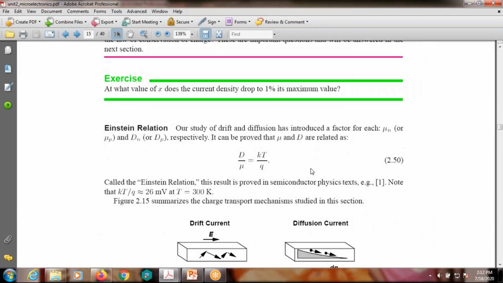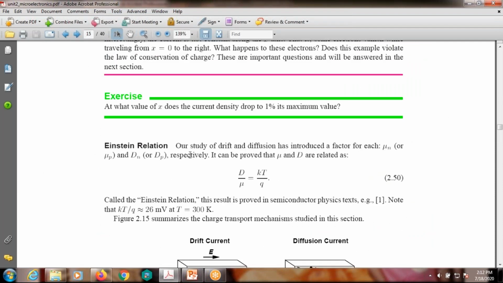And here is one more relationship. In drift current we use the mobility constant, whereas in diffusion current we use the diffusion constant. There is one famous relationship between diffusion and mobility: D by mu is equal to kT by q. This relation is called the Einstein relation, where k is the Boltzmann constant, T is the temperature in Kelvin, and q is the charge of an electron. On the right-hand side all are constants.